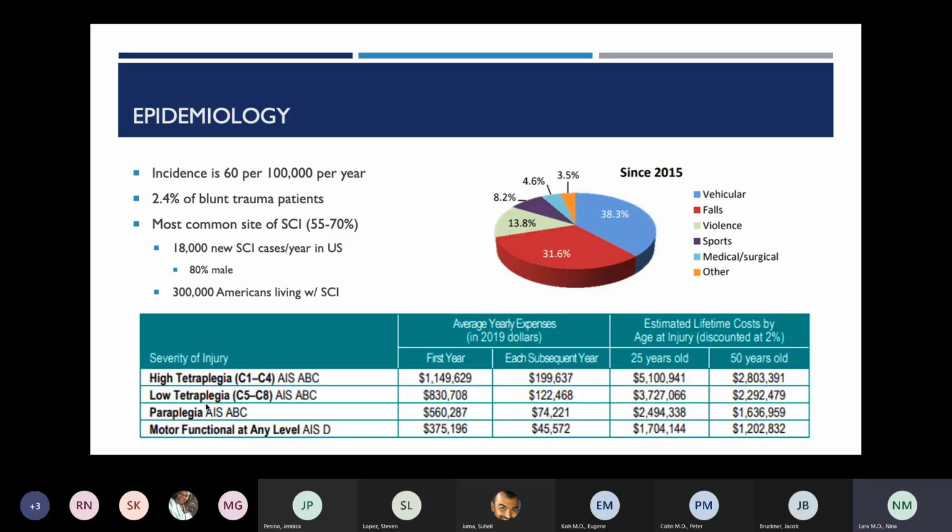These graphs and tables are from the National Spinal Cord Injury Statistical Center. And you can see here that there's a higher cost associated with higher level spinal cord injuries. At C1 to C4, for a 50-year-old, the estimated lifetime cost is approximately 2.8 million, so quite significant.